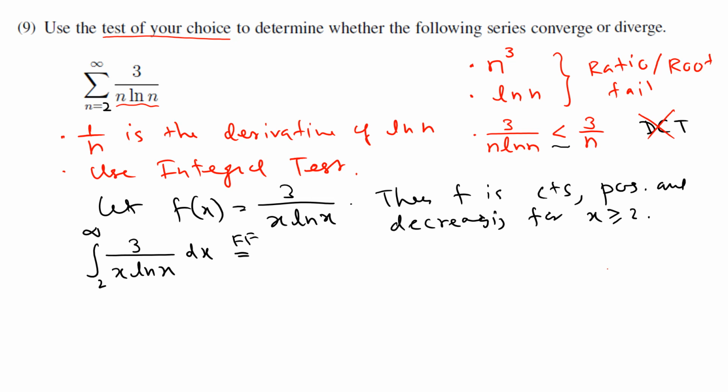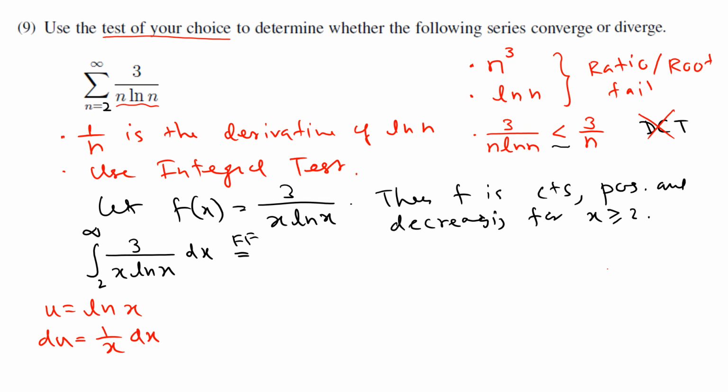Otherwise, just use the substitution u equal ln x, because then du equals 1 over x dx. But you can use the trick because 1 over x is simply the derivative of ln x, so you can simply treat ln x just as x. So this is like 1 over x.